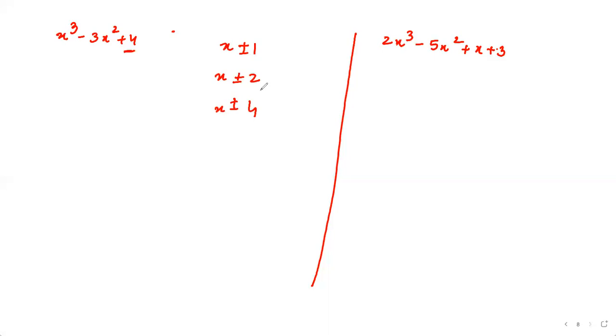You will not have x plus 3 as a factor for sure. So you have possibly 6 factors in this polynomial. What we should start with is trying x equals 1, x equals minus 1, x equals 2, x equals minus 2, x equals 4, and x equals minus 4. Any one of these, if it gives me 0, means that it is a factor of this polynomial.